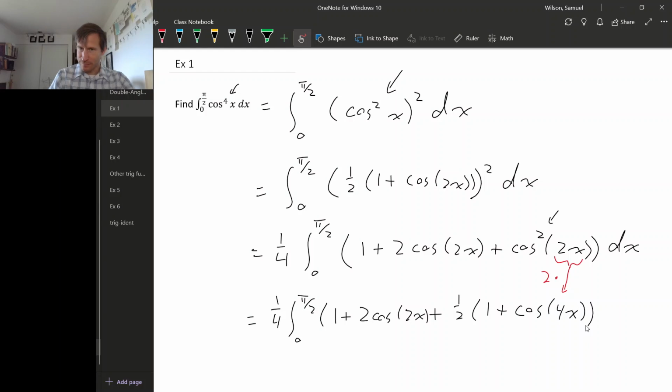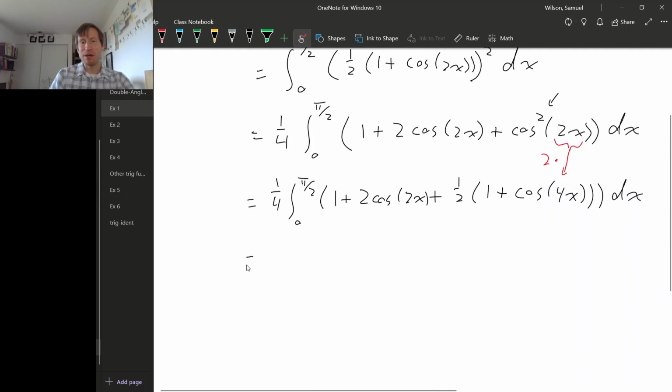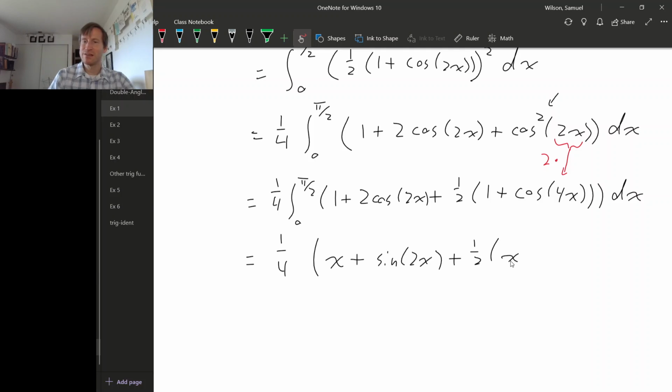Let me get all my parentheses here. And now we can integrate piece by piece. So 1 over 4 times the antiderivative of 1, which is x, plus the antiderivative of 2 cosine 2x, which is sine 2x, plus 1/2 times x plus 1 over 4 sine 4x.